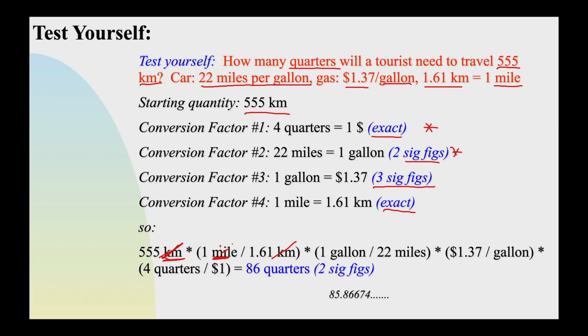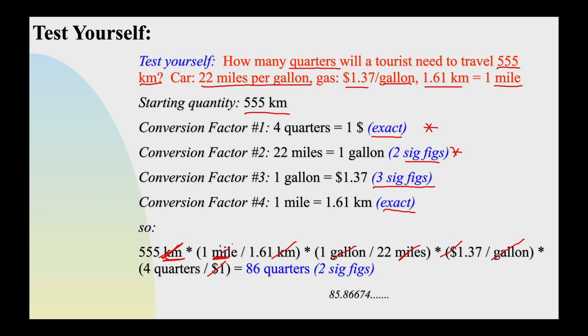Mile on the top cancels miles on the bottom, and now we're in gallons. $1.37 is the cost per gallon of gasoline. Gallon on the bottom, gallon on the top cancels. And then finally, the dollar on the top is canceled by the dollar in the 4 quarters per dollar. So in your calculator, go 555 divide 1.61 divide 22 times 1.37 times 4.